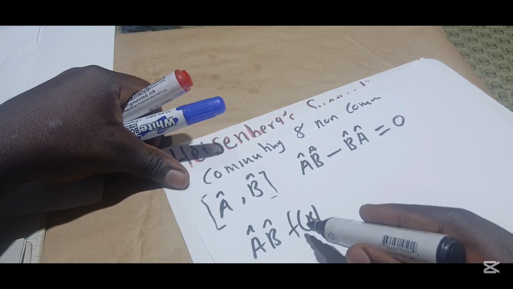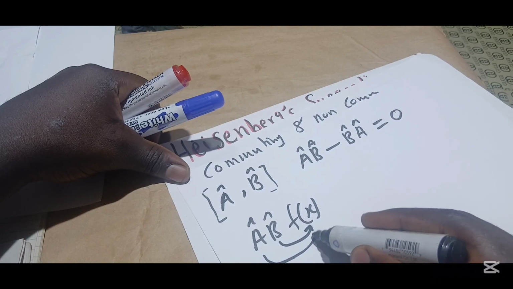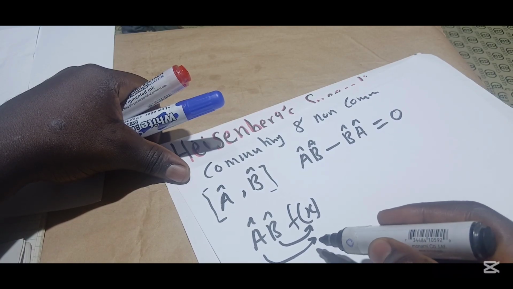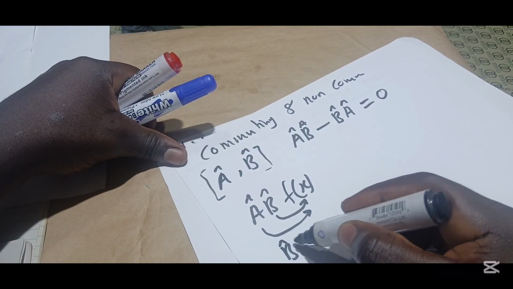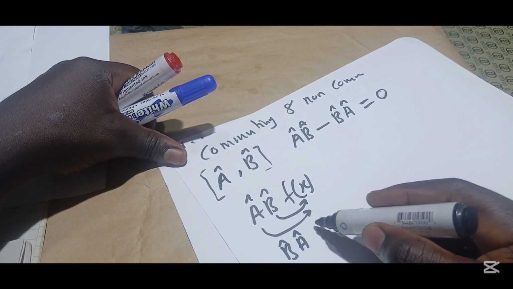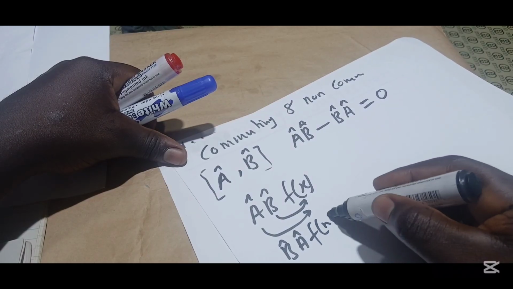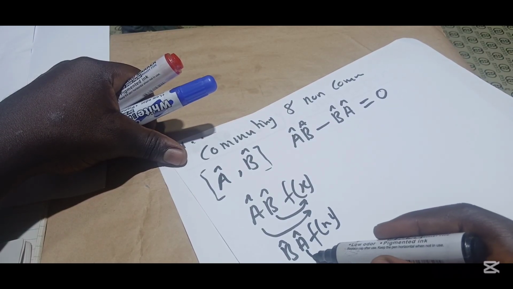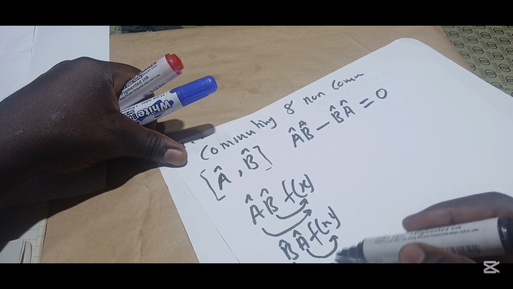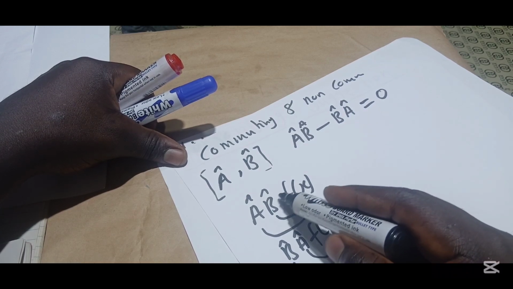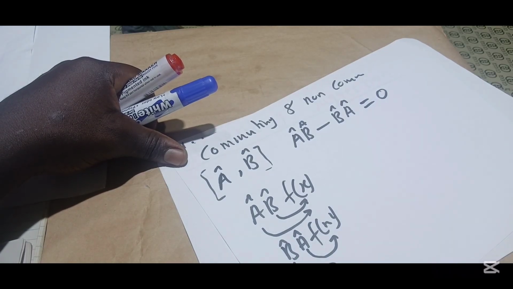This is to tell us that we are operating B on the function first before A on the result that we get. And the same thing if it's BA, this is telling us that we are rather operating A on the function first and operating B on the result, which means basically the operator that is next to the function will be operated on the function first.